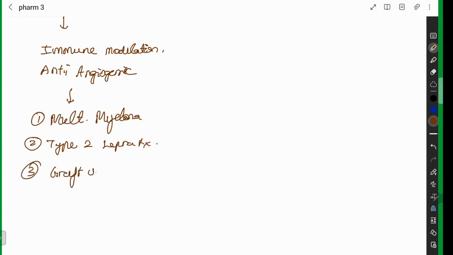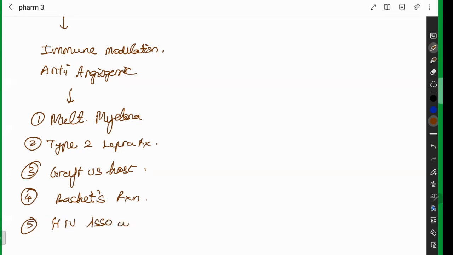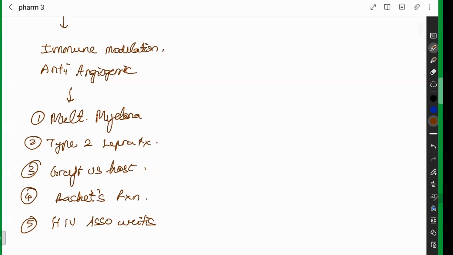Number 4, Behcet's disease. And number 5, HIV-associated uveitis. These are the areas where we will be using thalidomide.